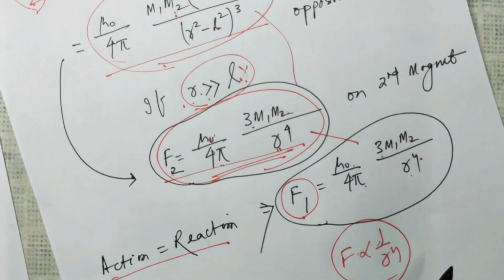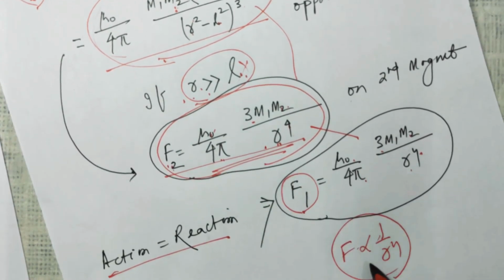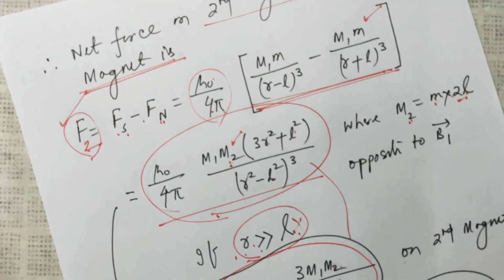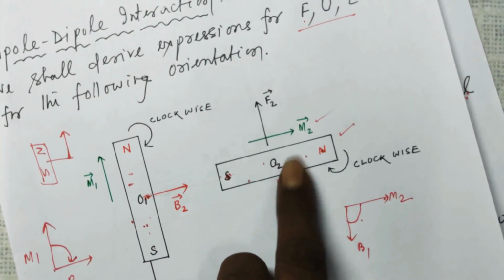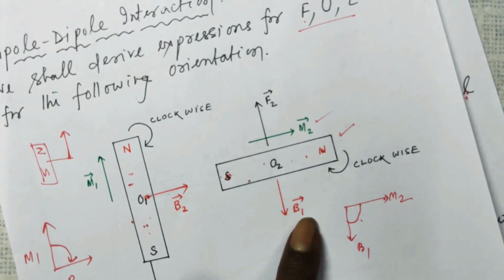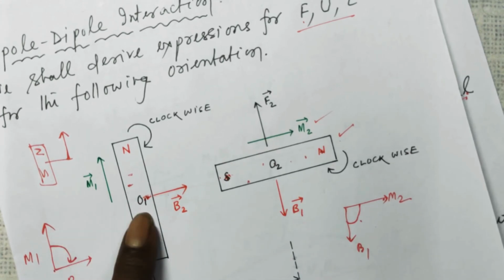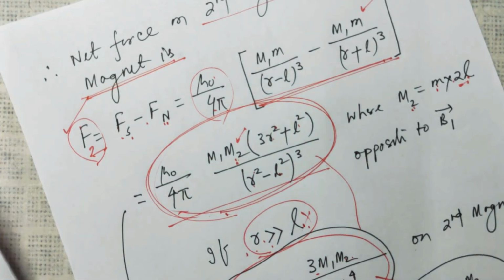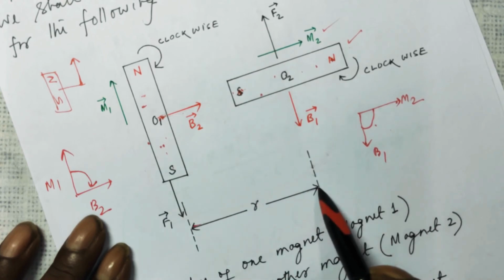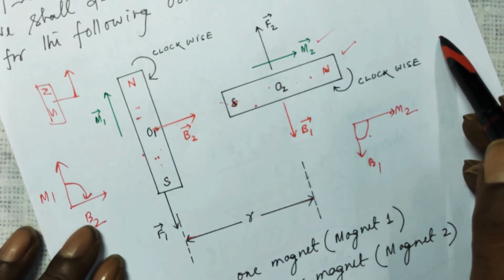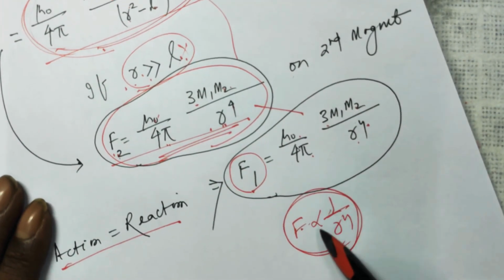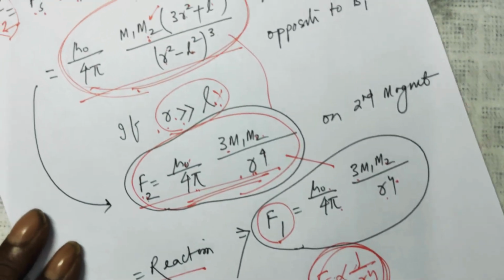What you have to remember here is that force is proportional to 1 by r to the power 4. For such an orientation, this magnet experiences a force due to this magnet which is equal to this, and if this distance is large compared to the length, then the force is proportional to 1 by r to the power 4.